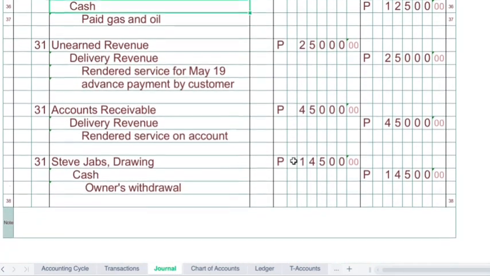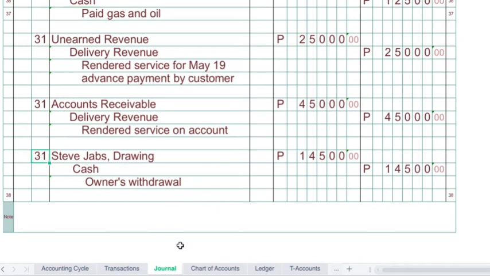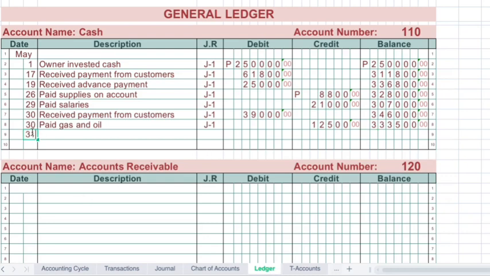Okay, so aside from that, okay, last one, we have owner's withdrawal of 14,500. Credit. Okay, so 333,500 minus 14,500.